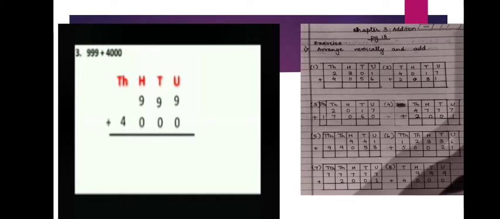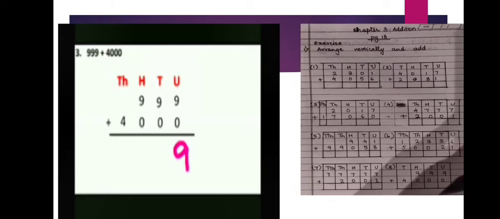Now let us add. 9 plus 0 at units place is 9. Similarly, 9 plus 0 at tens place is also 9.